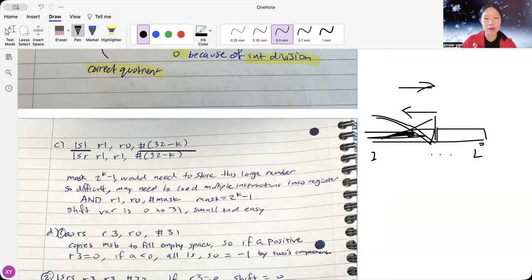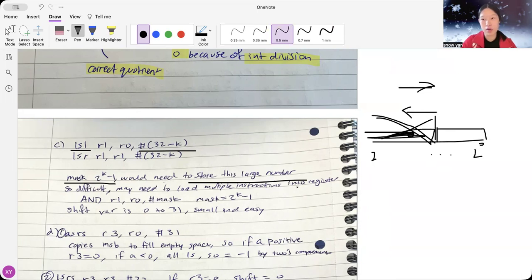And why is this method better than, let's say, masking by 2 to the K minus 1? It's because in 2 to the K minus 1, if our K was relatively large, then 2 to the K minus 1 would be a pretty big number to store, right? So we need to actually store this number, load this number, and then do the AND.